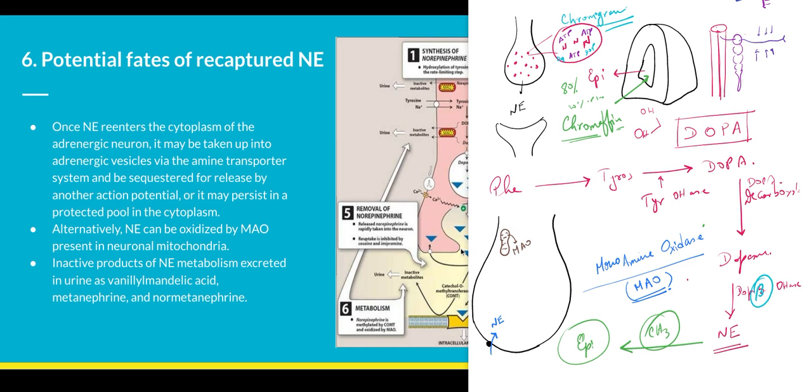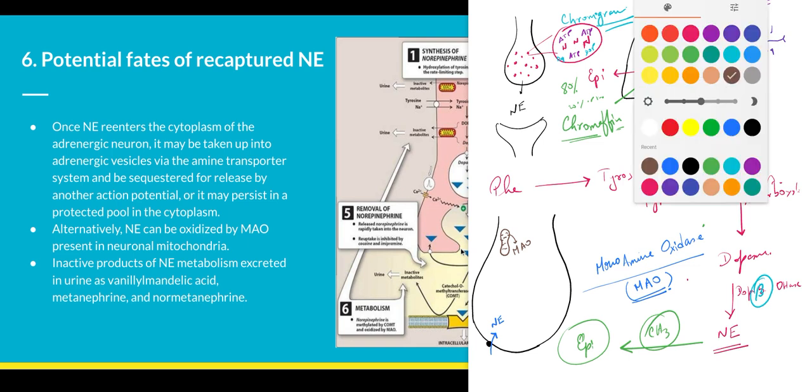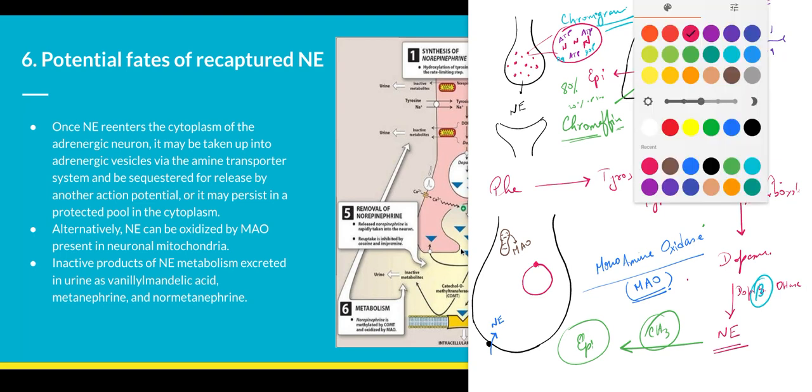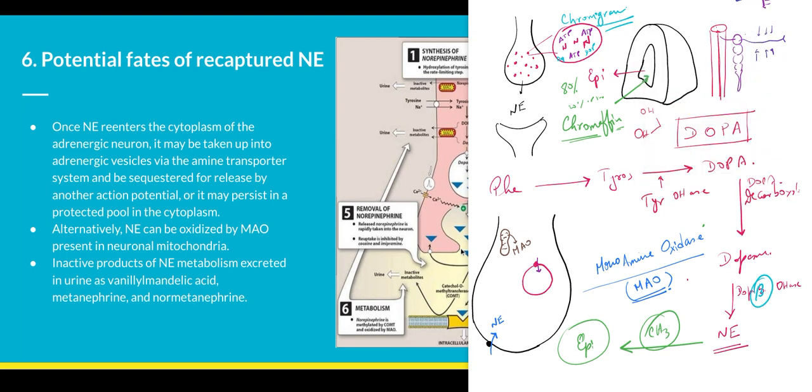Another way, another simple one, is that they enter the adrenergic neuron, then they go back to the vesicle. You remember that last time we discussed that vesicle, and there was this amine transporter through which dopamine was entering. Now I am going to tell you that this same norepinephrine can also enter through this amine transporter. So this is way number 1.